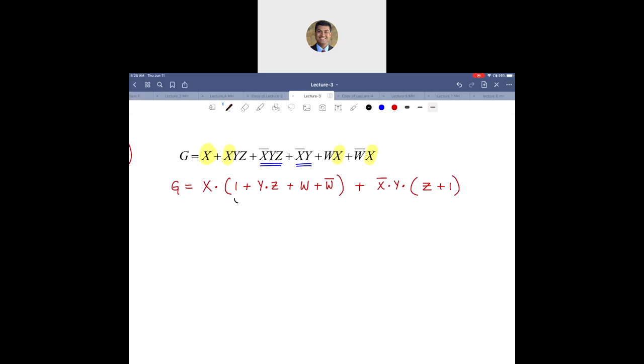So all of this goes to a 1, and all of this goes to a 1 as well, which means I can simply write the next step as x from all of the first one. So all of this is yellow, right? And you get x from that, and then from all of this you get x complement and y.